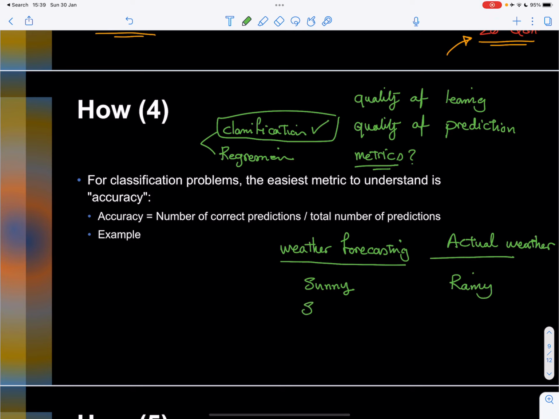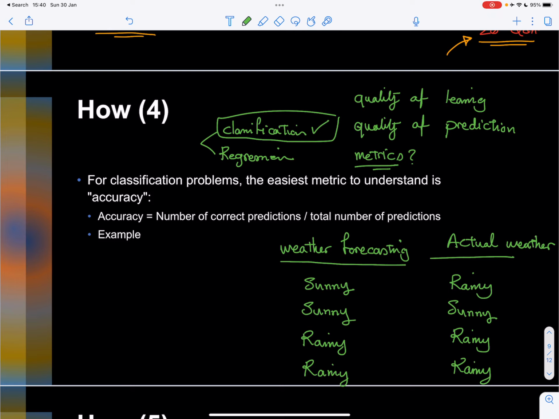We predicted that 1st of January was sunny, but it actually turned out to be sunny. We predicted that the 2nd was rainy, and it was rainy. We predicted that the 3rd would be rainy, and actually it turned out rainy.